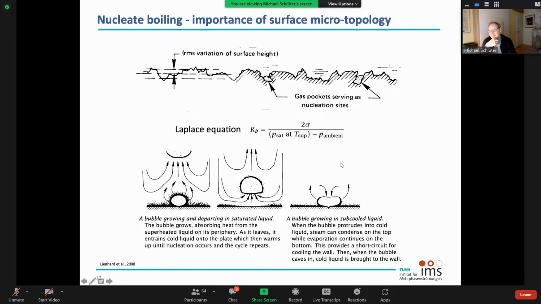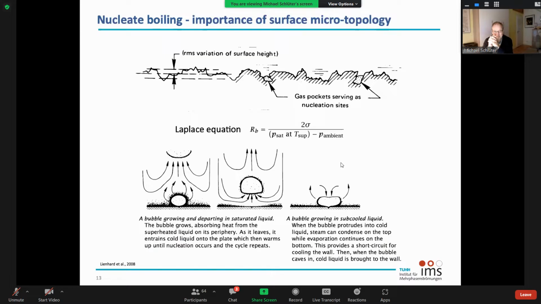And this is why we have these nucleation sites. Here's the nucleation site. Here's the nucleation site. Everywhere where we already have some gas inside and where we already have a radius of a certain dimension, we will create more and more vapor and pump up these vapor bubbles.